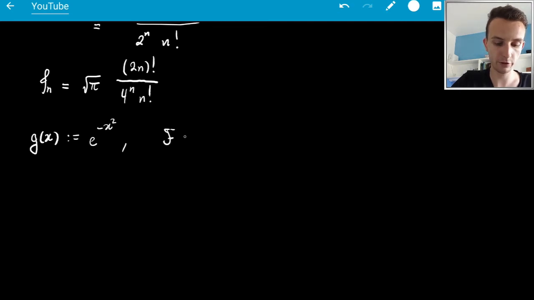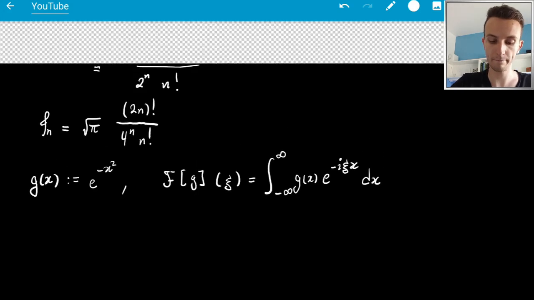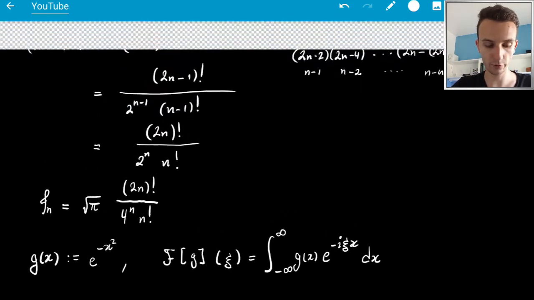And I'm going to be wondering what the Fourier transform of g, evaluated at xi, is going to be. And so this is, of course, by definition, the integral from minus infinity to infinity of g of x times e to the minus i xi x dx. This is the definition of the Fourier transform.